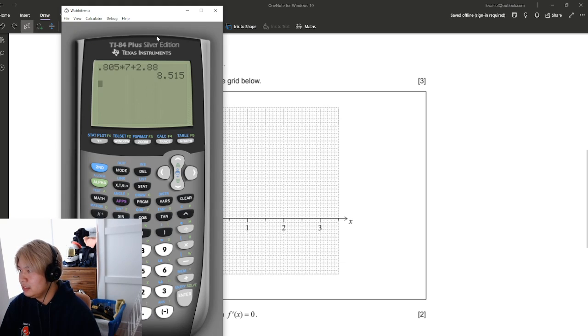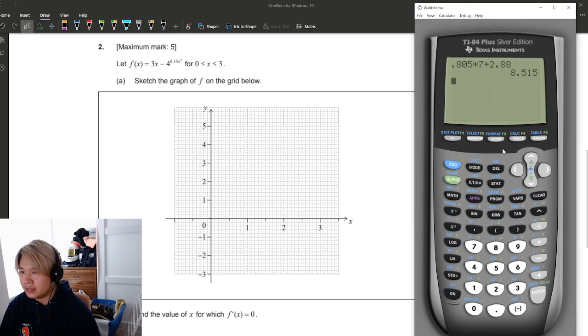Easy enough to do because we have a graphing calculator. So I'm going to type this in as I see it. So 3x minus 4 to the power of all of this stuff, 0.15 x squared. And I think that's it.